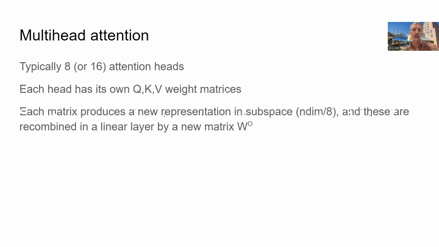So there's another matrix that takes whatever the dimensionality is of all the different attention heads when they're concatenated together, and converts it back to 1280, in a way that hopefully keeps a lot of the information that was already there in the initial 1280 vector.